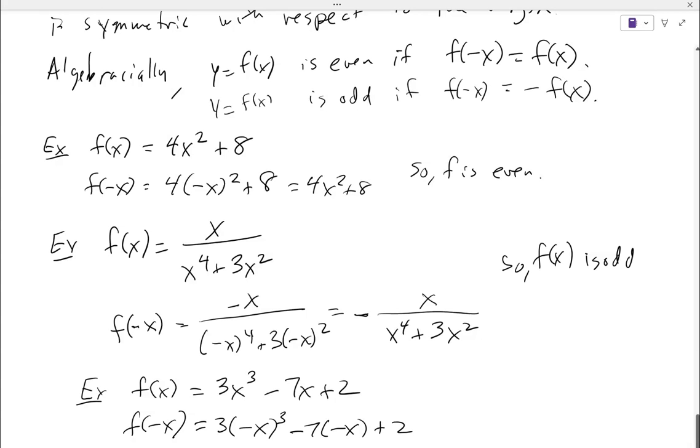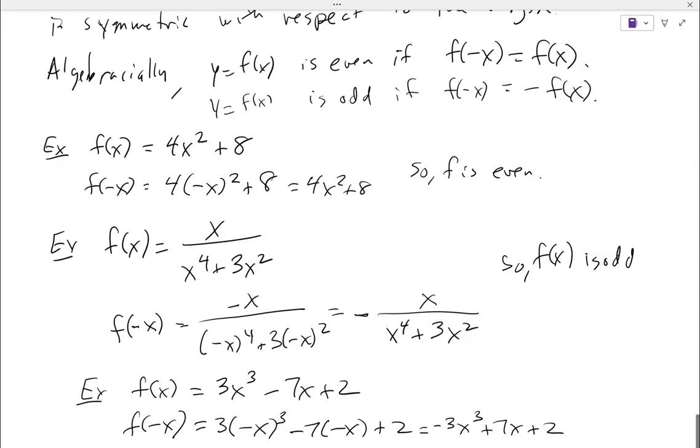So we compute f of negative x. So I have 3 times the quantity negative x cubed minus 7 times the negative x plus 2. And then we simplify. What happens when you cube a negative? It stays negative. So I can redo that as negative 3x cubed minus a minus here makes a positive 7x plus 2.